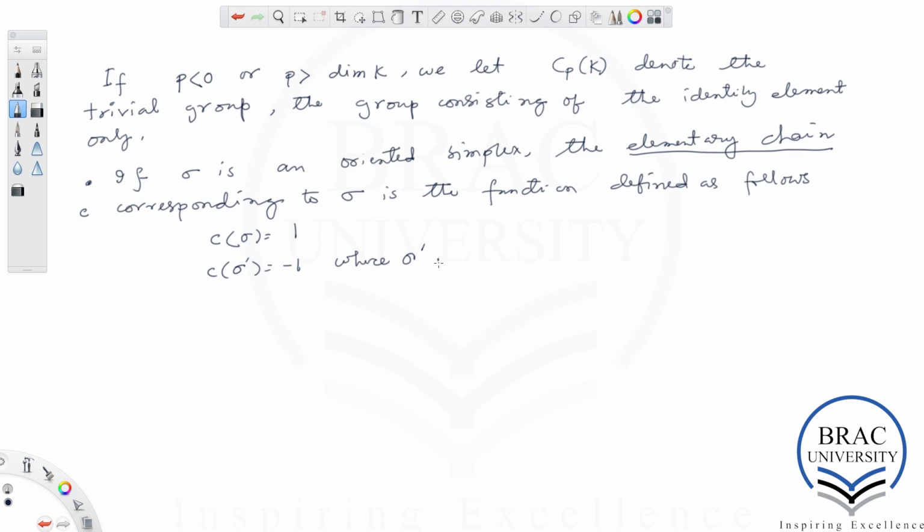C of sigma prime is equal to -1, where sigma prime is the same simplex as sigma with opposite orientation.